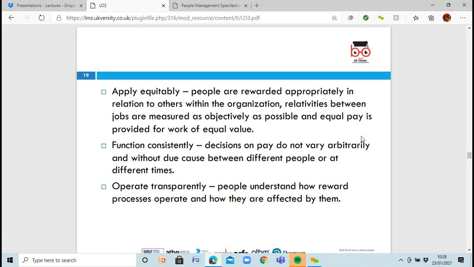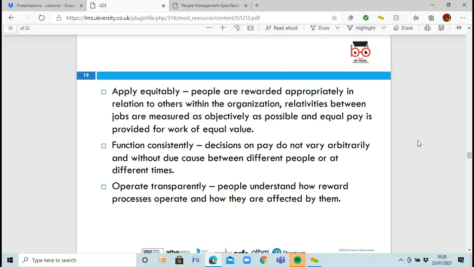And then apply equitably. So people are rewarded appropriately, in relation to what they're actually doing for the organization. So it's something that is relative between your job and also what the organization wants. So it should be as objective as possible and it should be equal for everybody.